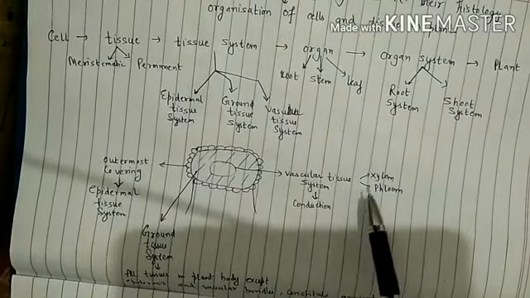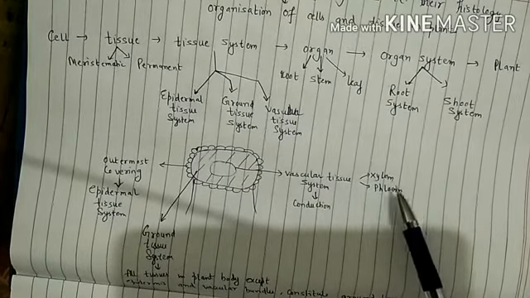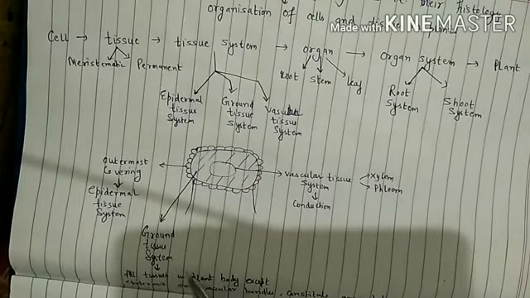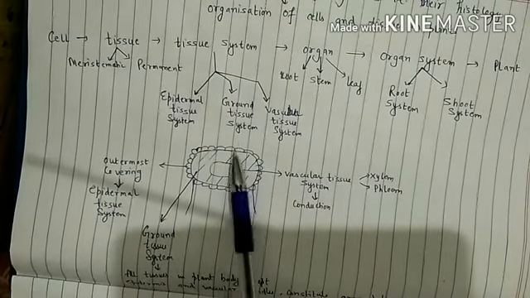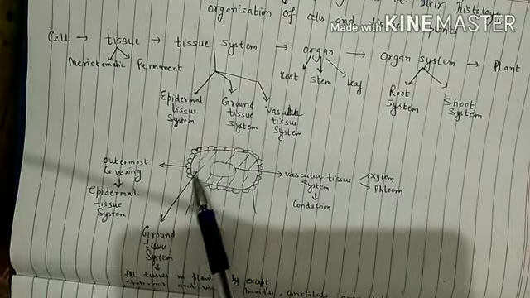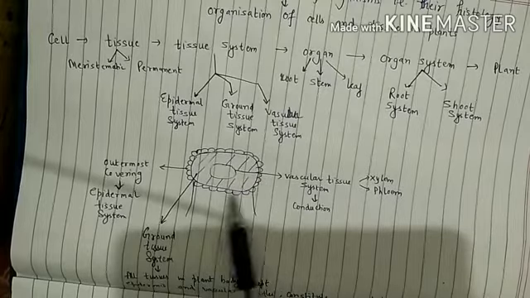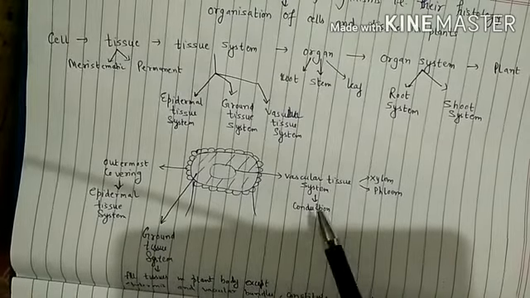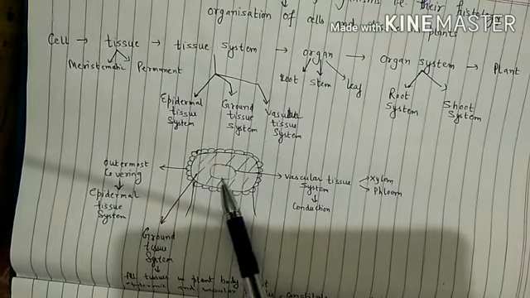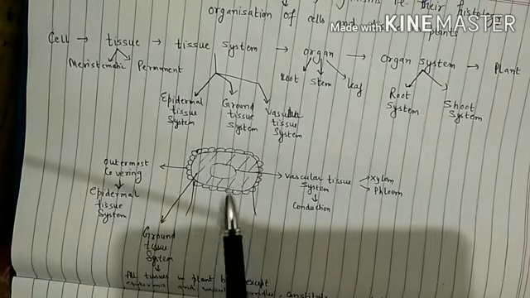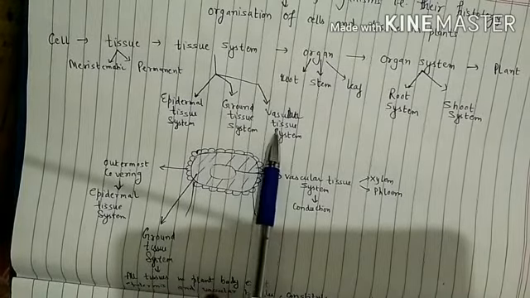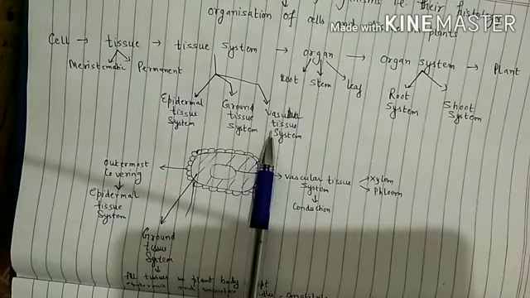Vascular tissue system consists of two tissues, that is xylem and phloem, and the one which is left is ground tissue system. So all the tissues in the plant body except the outermost layer, that is epidermal tissue system, and vascular bundles, form the ground tissue system. So there are three types of tissue system: epidermal tissue system, ground tissue system and vascular tissue system.